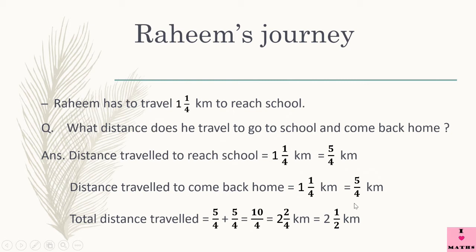So the final answer is 2 and 1/2 kilometer. Children, it means 10/4 kilometer is equal to 2.5 kilometer. So children, Rahim has to travel 2.5 kilometer when he goes to school and comes back home.